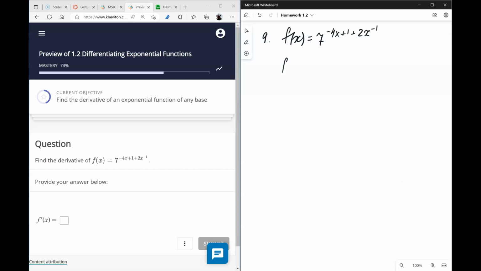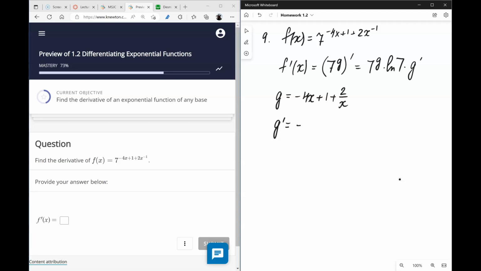We have derivative of f of x will be the derivative of 7 to the power g. So by the chain rule, it's going to be 7 to the power g times ln 7 times the derivative of g. And since g is negative 4x plus 1 plus 2 over x, the g prime will be negative 4 minus 2 over x squared.